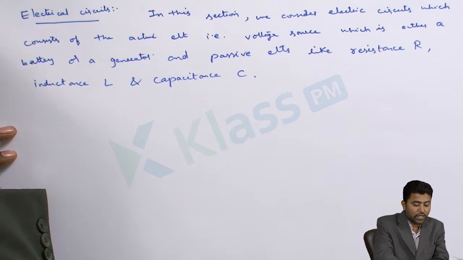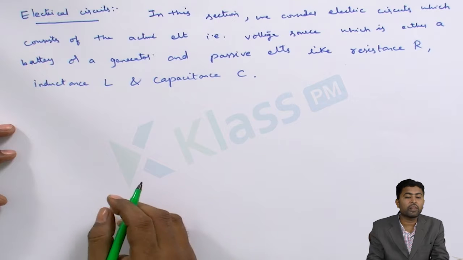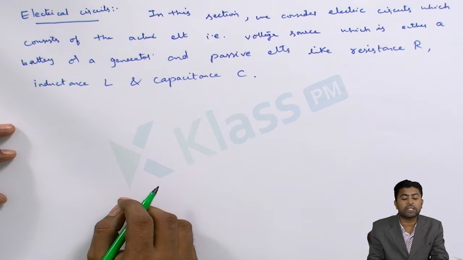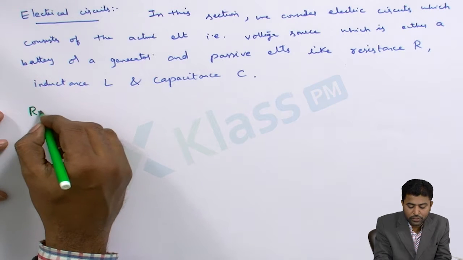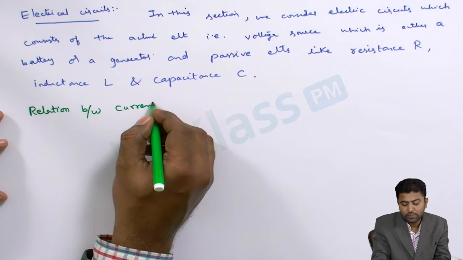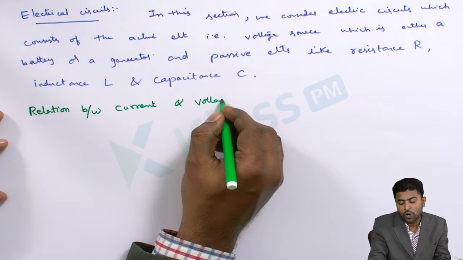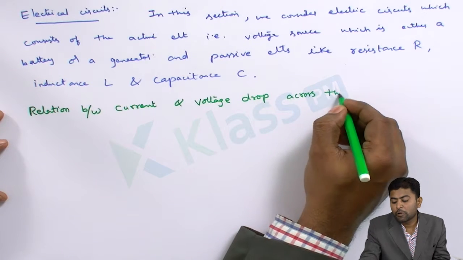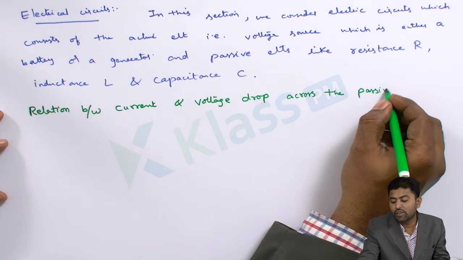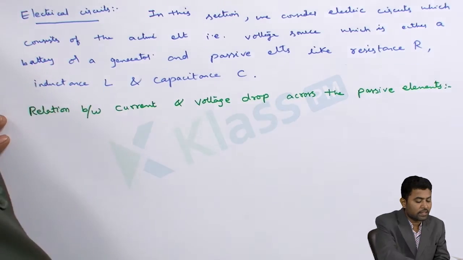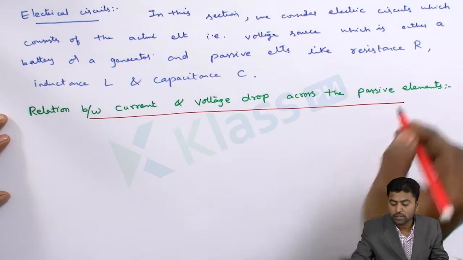Right. Now we'll see the relation between the current and voltage drop across these three passive elements. The passive elements are resistance, inductance and capacitance.